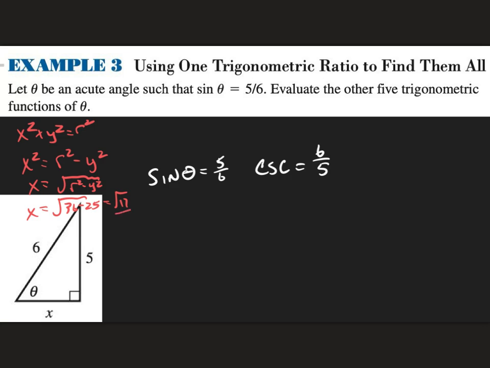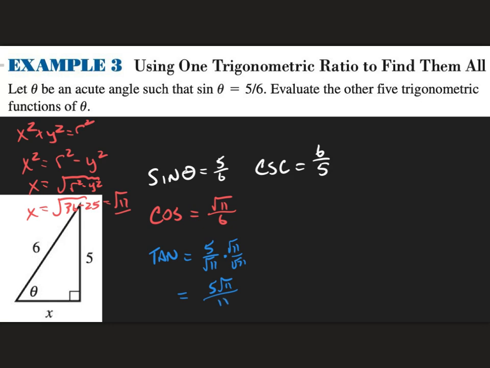So now that we have the x side, we can now do the cosine. The cosine is root 11 over 6. The tangent is 5 over root 11, but we can't leave that, which equals 5 root 11 over 11.